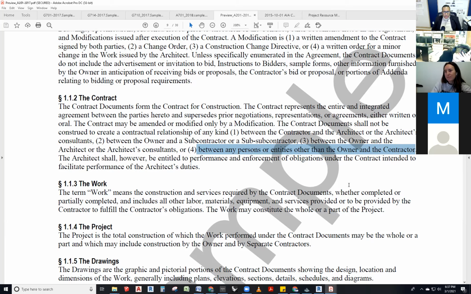Later on, we'll determine whether really the architect was the one that had an error and omission and he will pay. But for the time being, it's between the owner and the contractor. So the architect shall, however, be entitled to performance and enforcement of obligations under the contract intended to facilitate performance of the architect's duties.